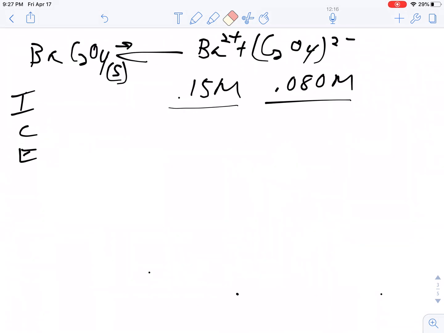If the original concentrations were the same, if these two concentrations were the same, I'd be right, what I had said. But they are not the same, so we need to work out an ice table.